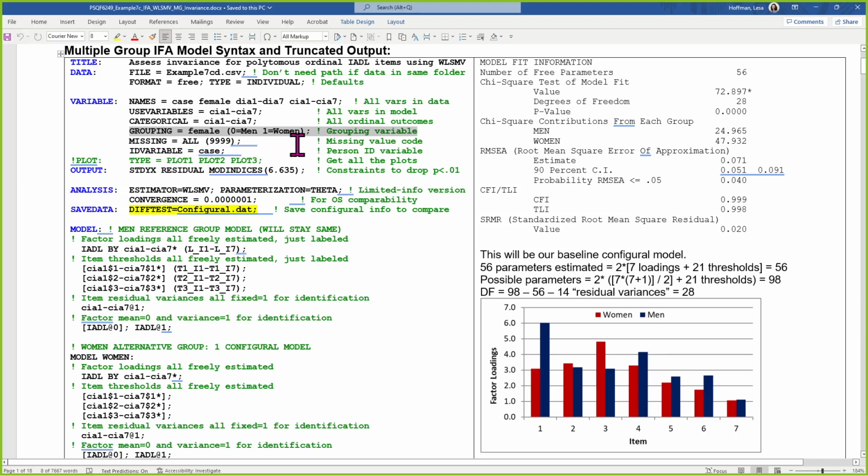That way when I get my output back, it tells me who the model is for, not just group 0 or group 1, but with the labels. The other piece that you would want to remember to start with is on the save data here to ask for the DIFFTEST to be saved. So it's saving the information from the configural model in preparation of using it to test metric invariance after we constrain the loadings in a subsequent step.